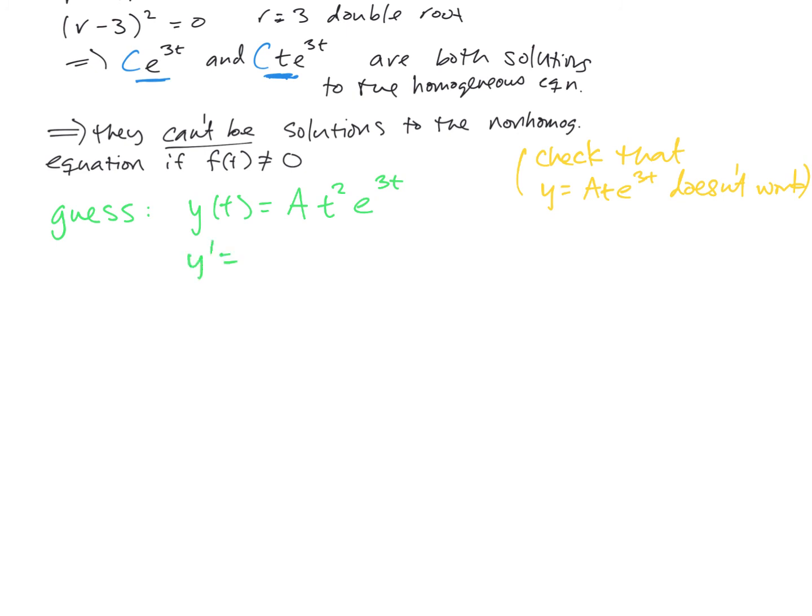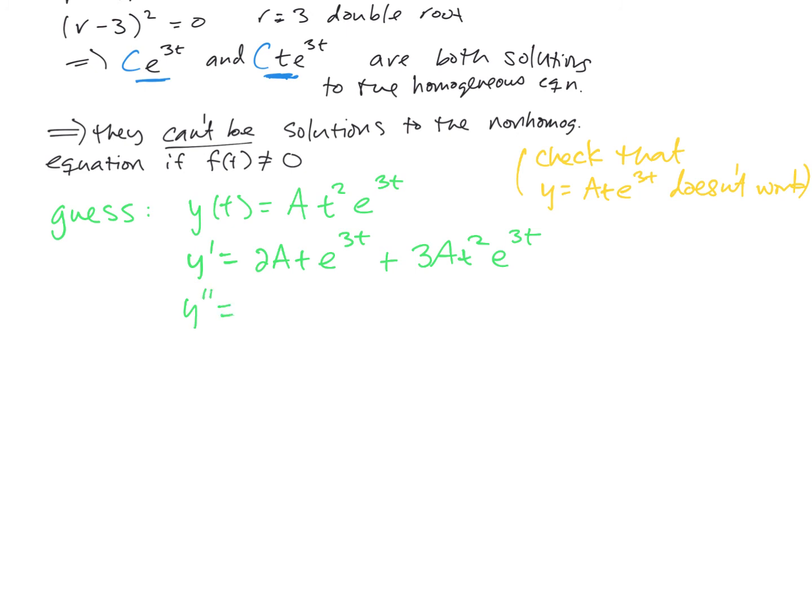So for y prime, we have to do product rule here. We get 2a t e to the 3t plus 3a t squared e to the 3t.